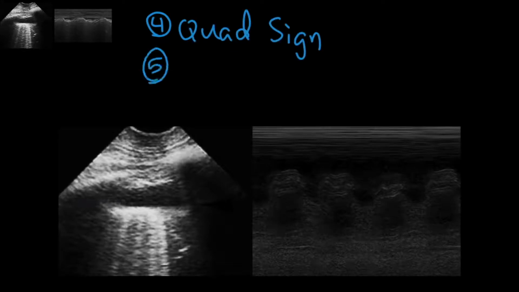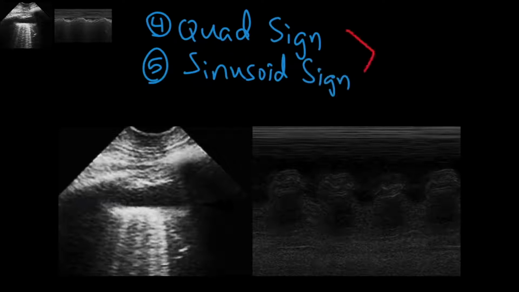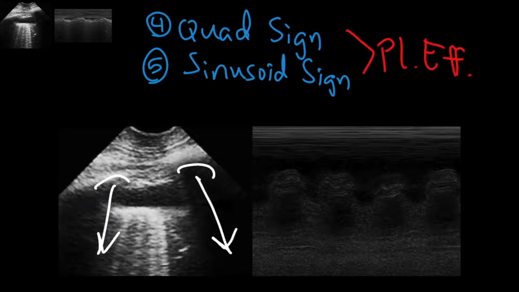The next two signs are the quad sign and the sinusoid sign. And these are both signs of pleural effusion, so we're going to look at them together. Now, if we look at the image on the bottom left, we see our normal anatomy that we're used to, with the rib and shadow, and then below the ribs we see the parietal pleura.